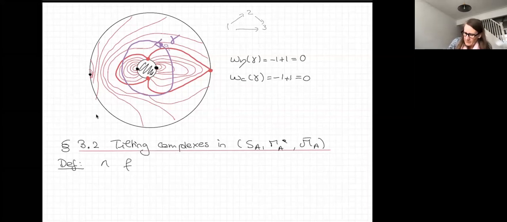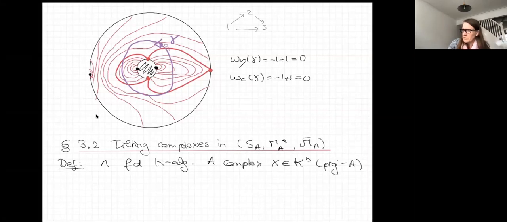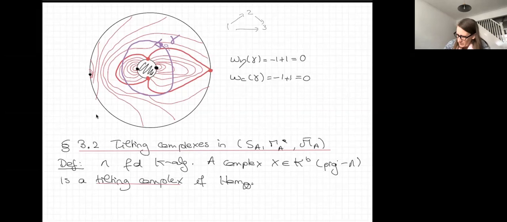So if lambda is a finite dimensional K algebra, a complex X in K^b(proj lambda) is a tilting complex if we have two things, namely there should be morphisms from X to itself only in degree 0.